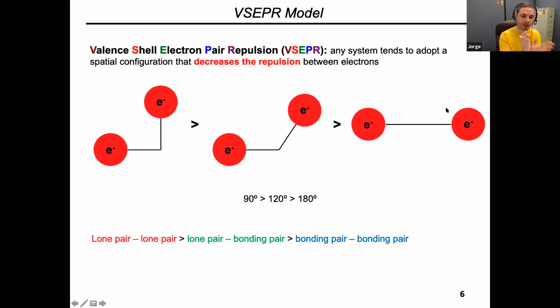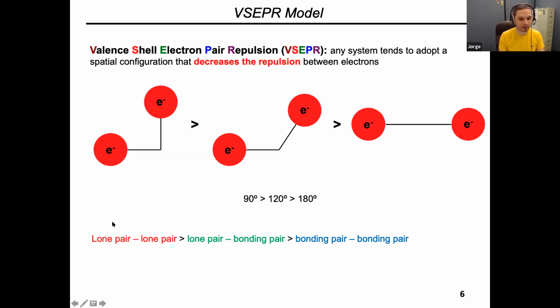See here, as I move the electrons further apart, the repulsion decreases, and the molecule will adopt the configuration which has the least repulsion between the electrons. So that's the first rule.